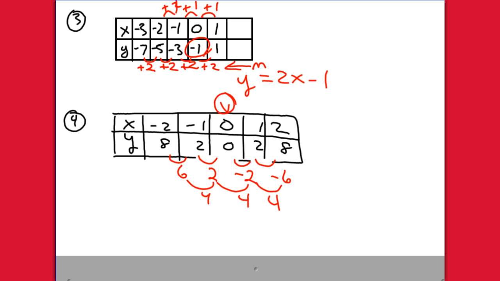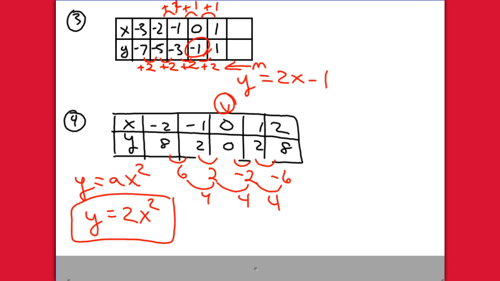So there is no visible b or visible c in the equation. We have y equals ax squared. And so how do we find the a once again? It's half of the second difference, so you should know that right now. We could say y equals 2x squared. And if you couldn't remember that, you could always plug a point in to find that.